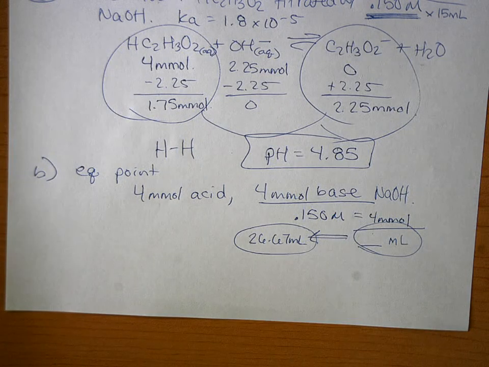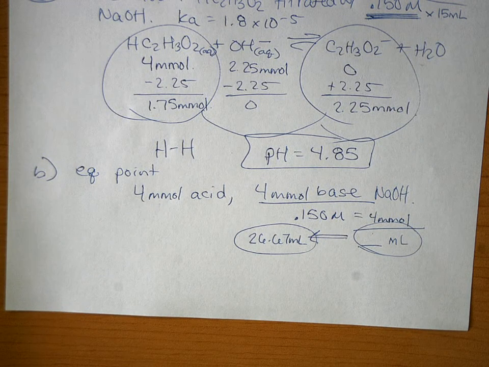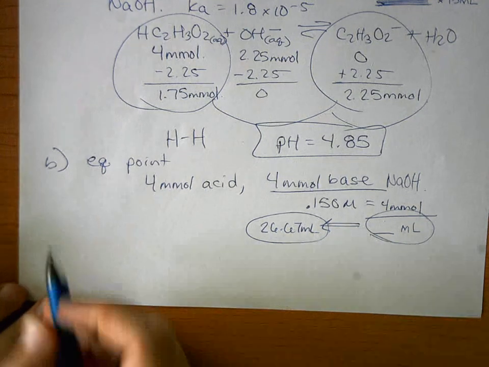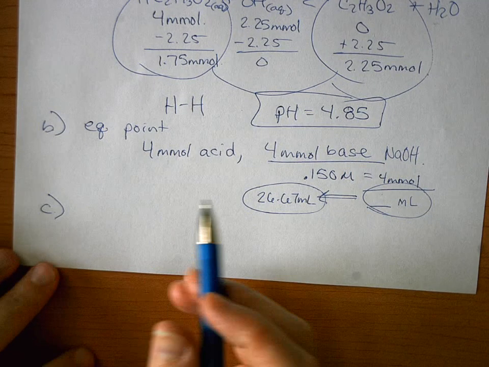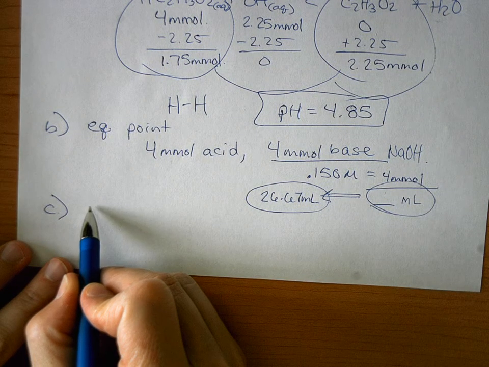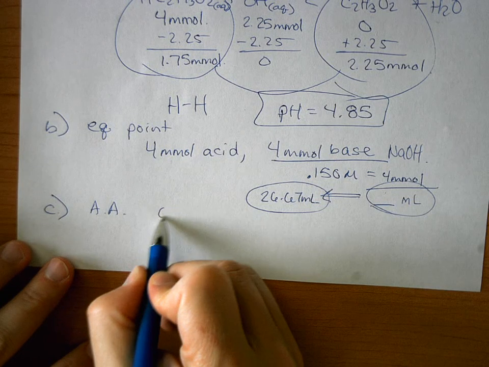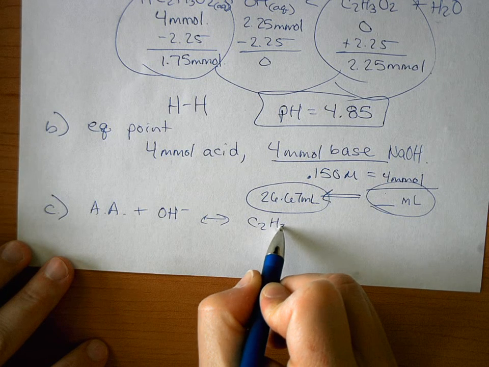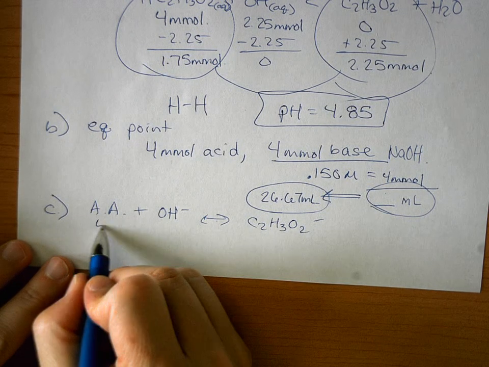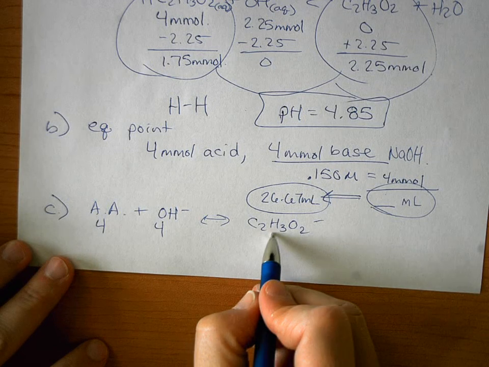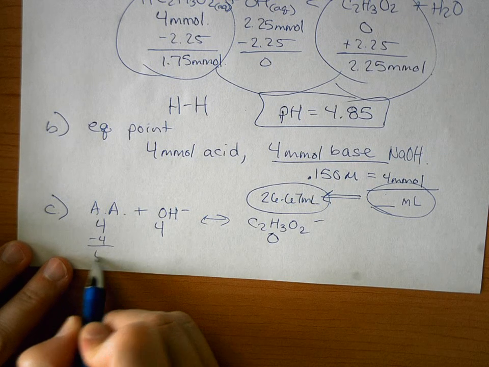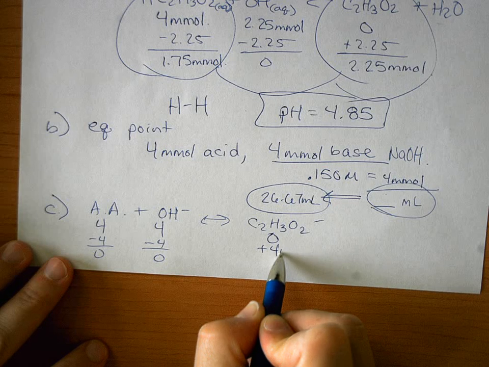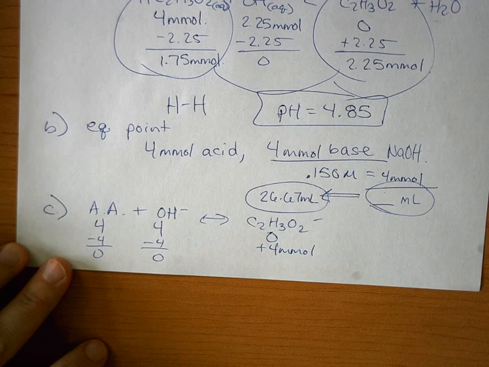Okay. C then asks you what is the molar concentration of acetate ions at the equivalence point. If I'm at the equivalence point and I've got my acetic acid and my hydroxide ions giving me acetate ions and water, if I start with 4 millimoles of this and 4 millimoles of this and 0 of this, then these are going to completely react and I'm going to end up with 4 millimoles of acetate ion.